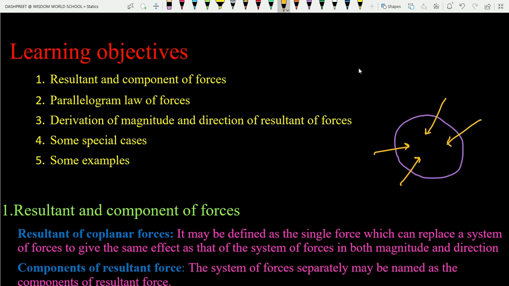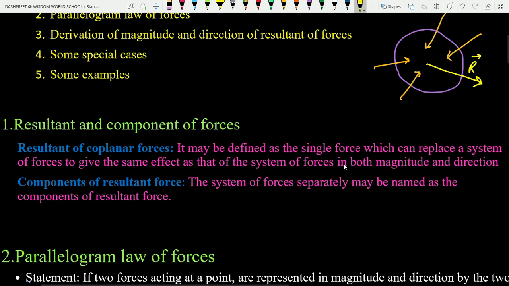Then any single force which gives the same effect as this system of forces is called the resultant of the system of forces, and these different forces, the system of forces, are called the components of the resultant of forces.